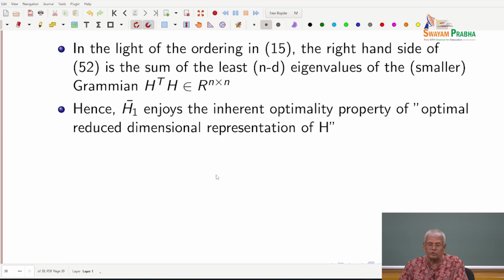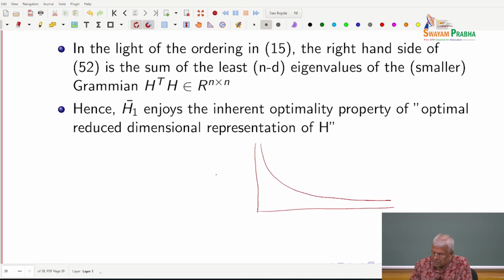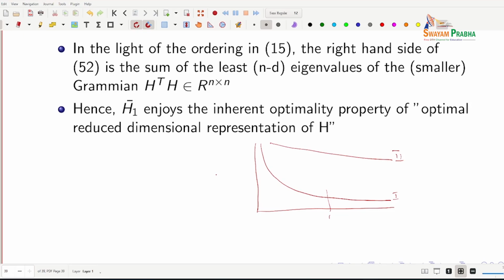All this is possible only under one circumstance, which I am now going to conclude once more. There can be two types of observed eigenstructure, one like this, one like this. So, this is case 1, this is case 2. In case 1, we have already seen I can pick either k or d, k is equal to d.